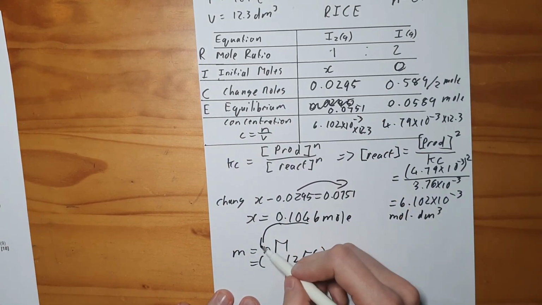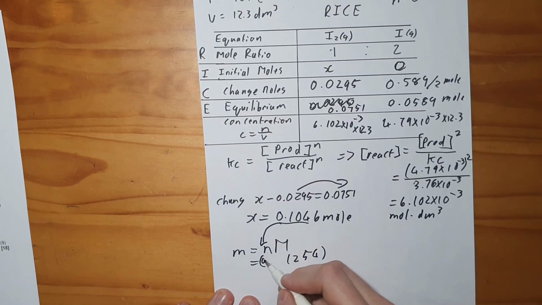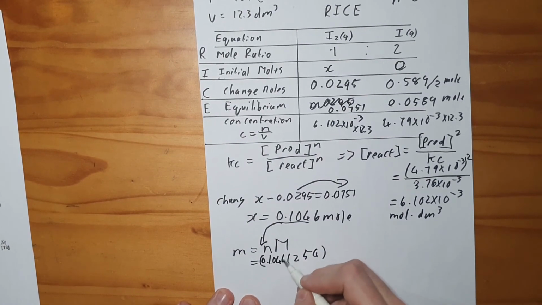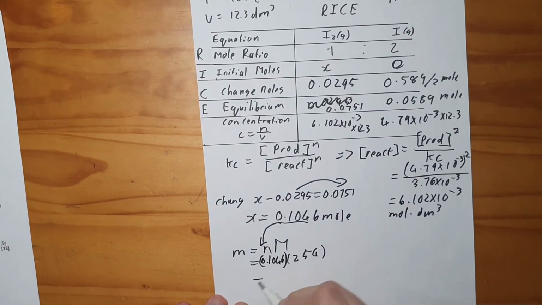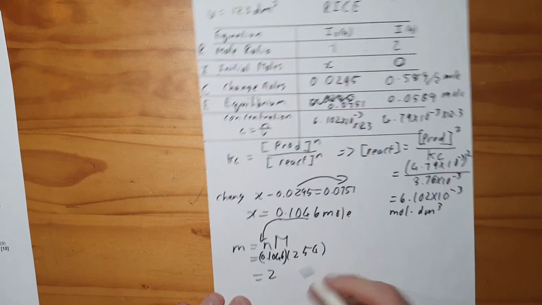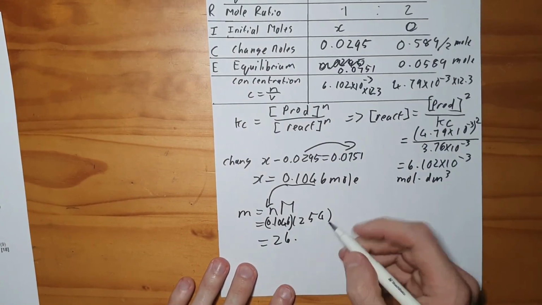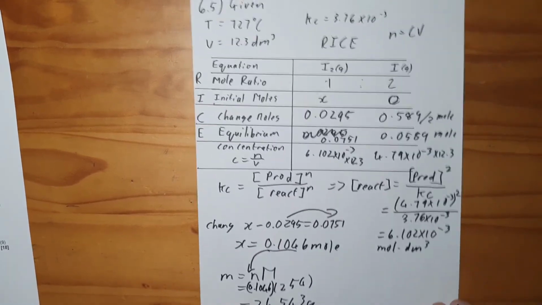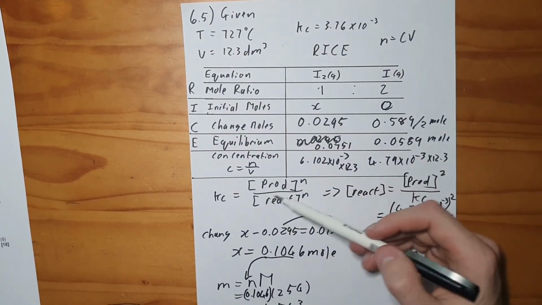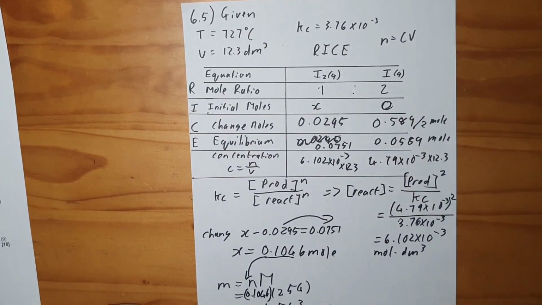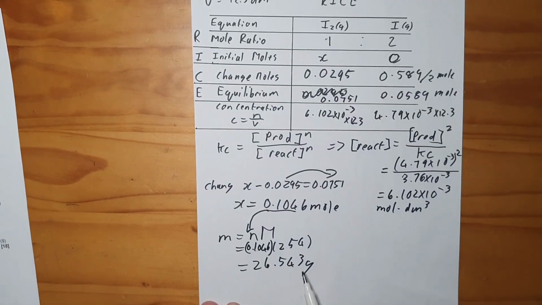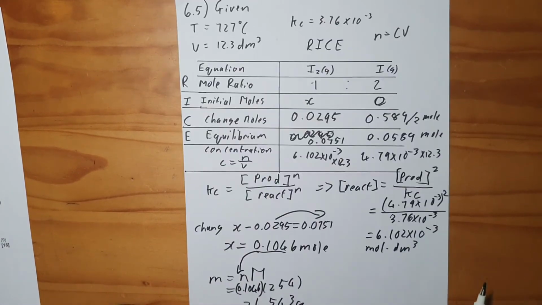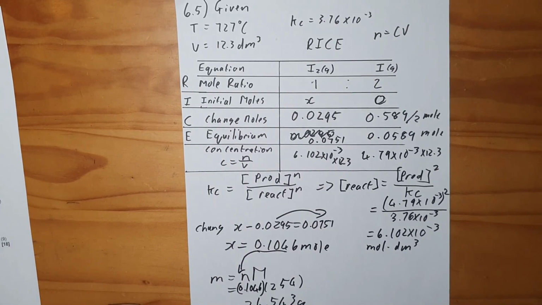So this is going to go over there, so that's 0.1046. If I plug that into the calculator, you should get 26.543 grams. So for this question, we had to work from Kc back to initial conditions in order to get 26.543 grams. And that's how we go about doing this question.